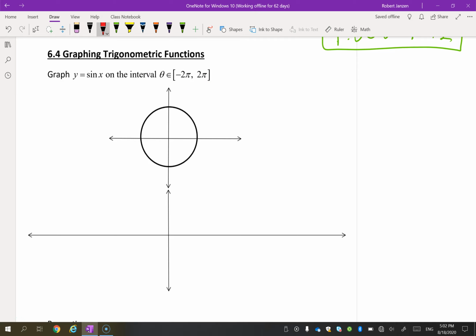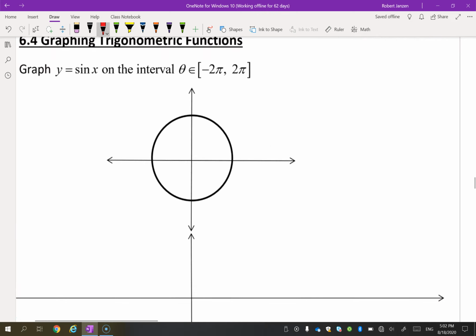So the first graph we're going to graph is y equals sine x. Very quickly, let's look at a couple of things for sine x, just the really basic points. At 0 radians, what is sine? Sine is 0.